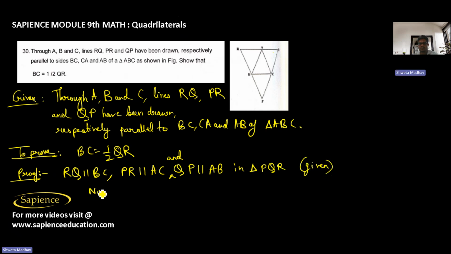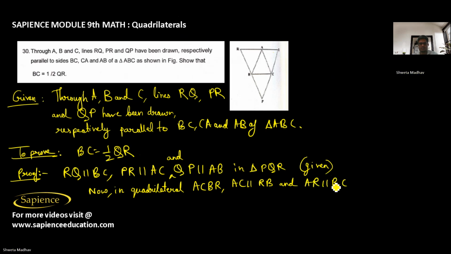So therefore, now in quadrilateral ACBR, AC is parallel to RB, and AR is parallel to BC, which is given.